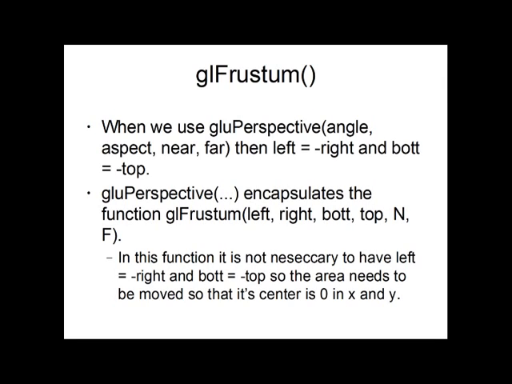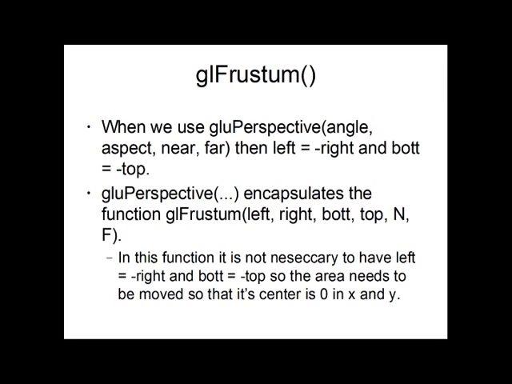But what gluPerspective does is it calculates right and left, bottom and top, and uses the near and far coordinates that it has, and sets up the space that we're going to be projecting onto on the near plane in this way. So it encapsulates the function glFrustum and sends in these left, right, bottom, top, and near and far coordinates.